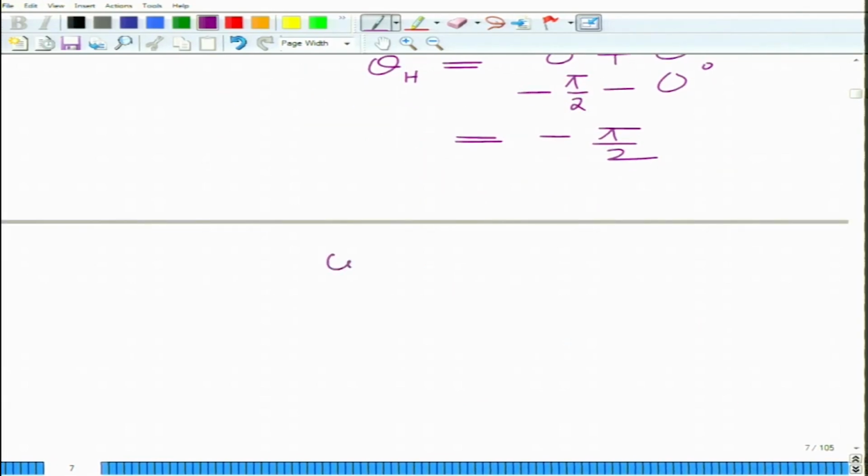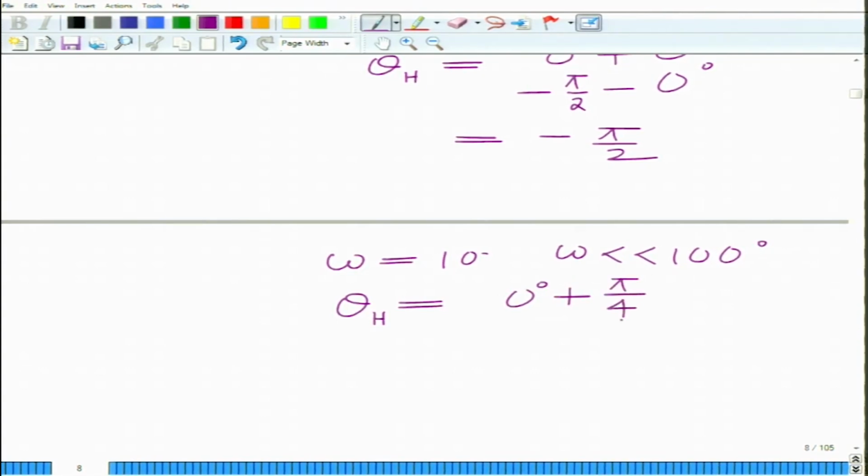When omega equals 10, and still omega is much smaller than 100, then theta H equals once again 0 degrees, plus now since omega equals 10, in the numerator 1 plus j omega by 10, that is pi by 4, denominator again 1 plus j omega, that is pi by 2, because omega is much greater than 1, and since omega is much less than 100, 1 plus j omega by 100 contributes 0.